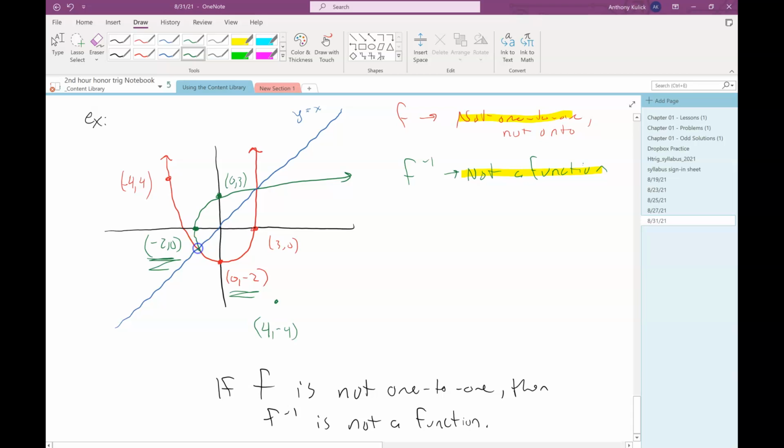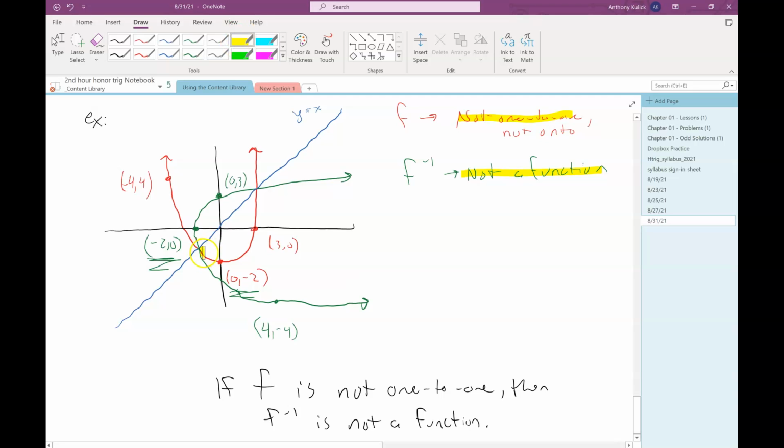There we go. f and f inverse should be reflections across this line, y equals x.